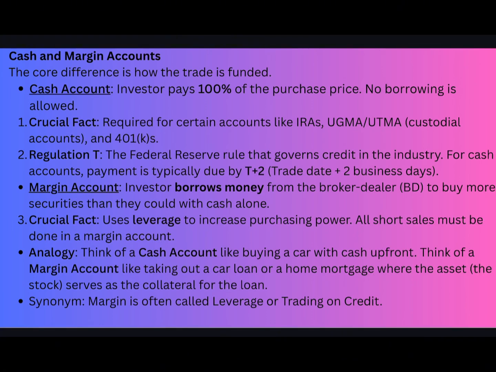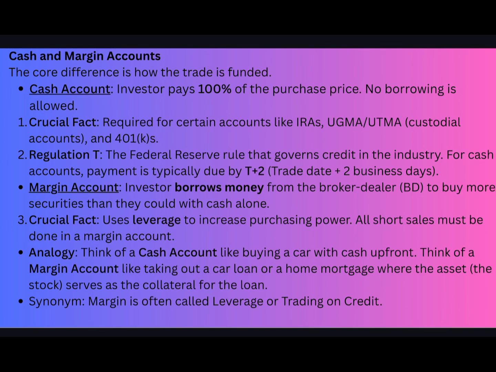So you want to remember S+2 when it comes to Federal Reserve Regulation T. Regulation T, you want to remember 2 business days after settlement date. S+2. For cash accounts, it's T+1.